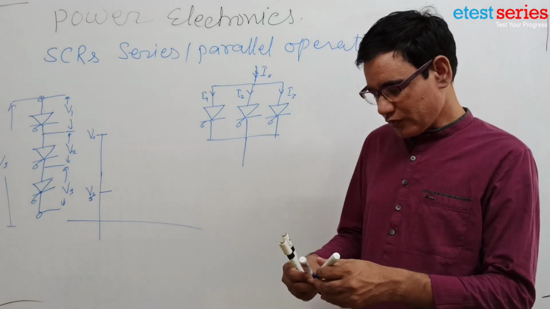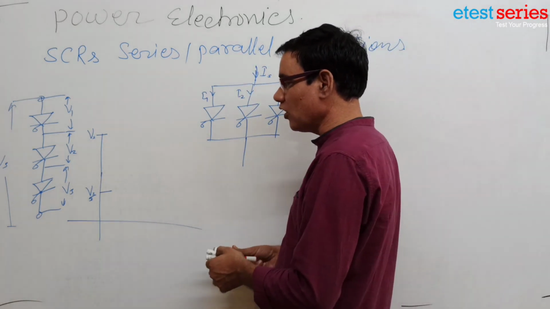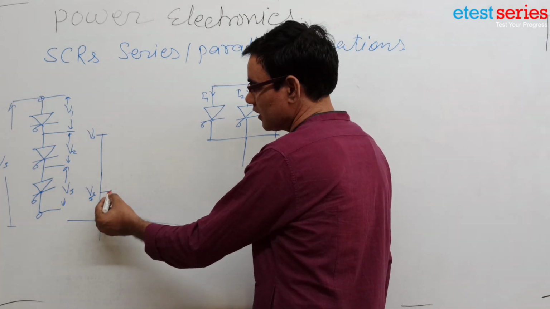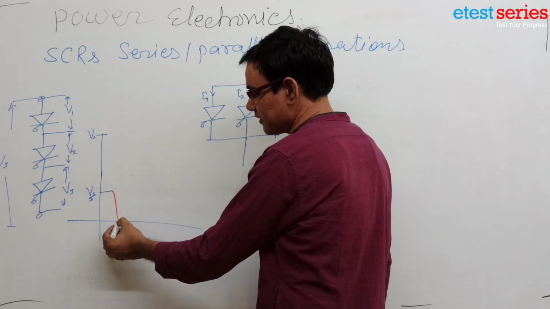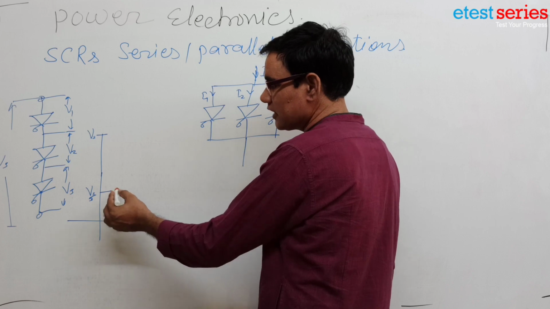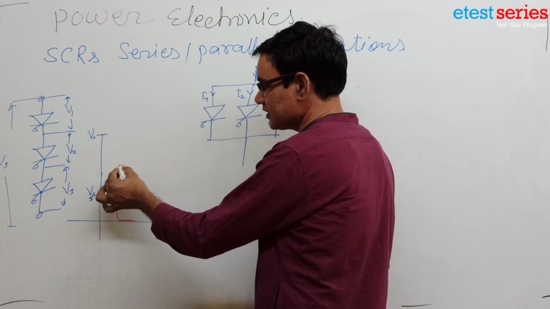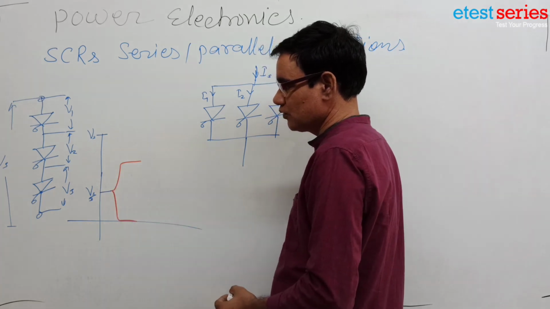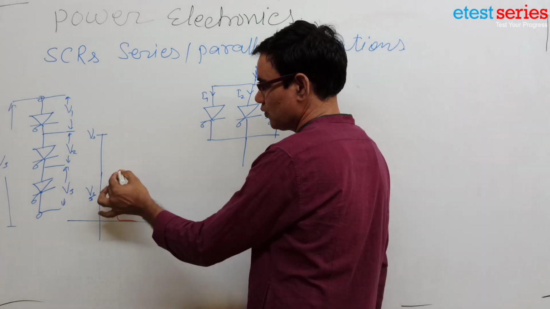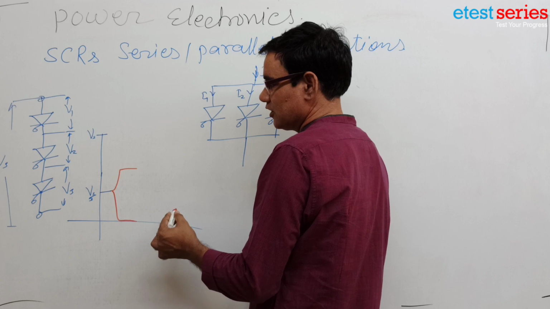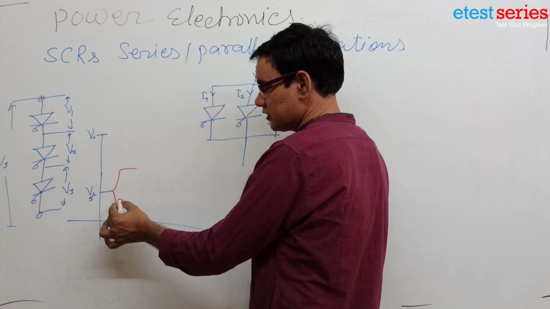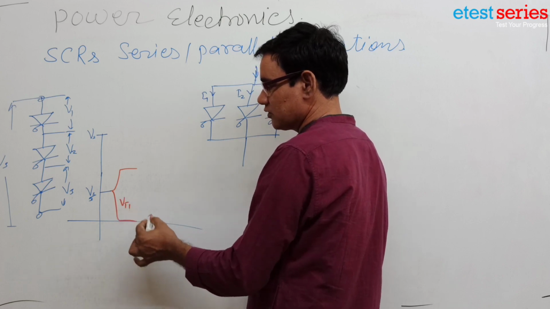So when one SCR gets on, the voltage across this one device becomes 0. And the voltage across the other two is Vs by 2, Vs by 2. This is thyristor 1, which gets turned on.